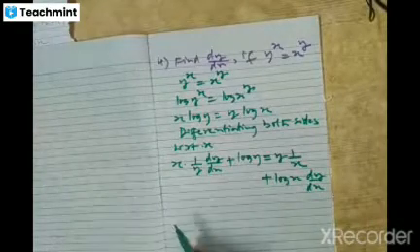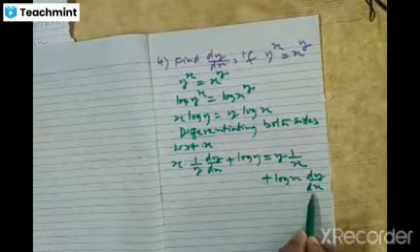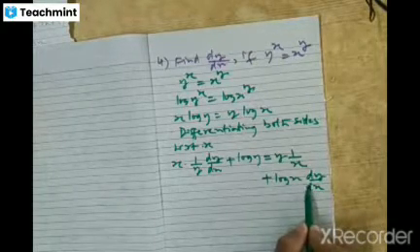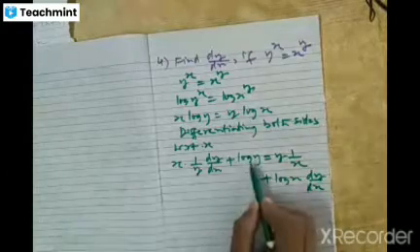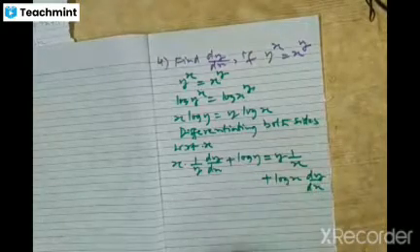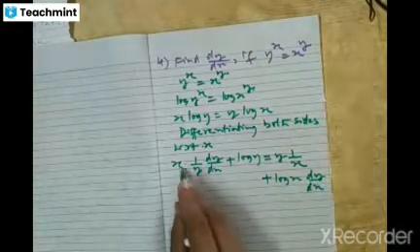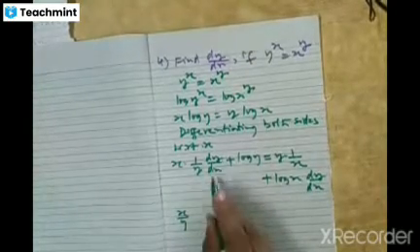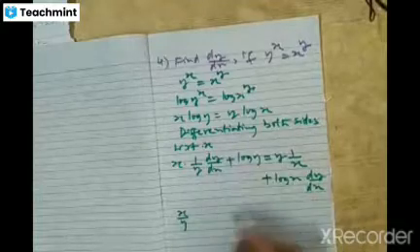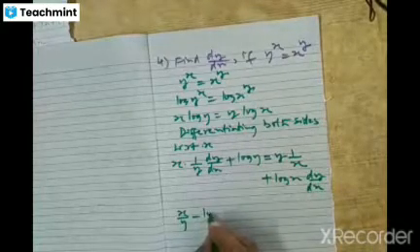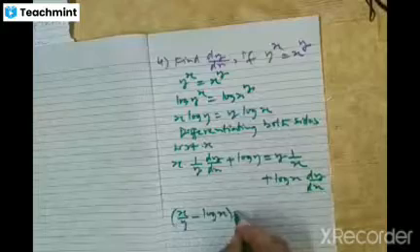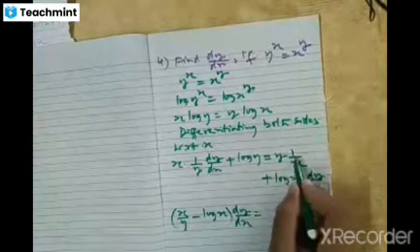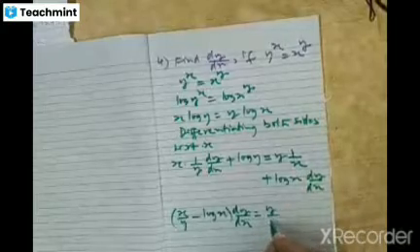Correct? Now we shall simplify this further. We shall shift the term containing dy by dx to the left side, and we shall shift log y to the right side. Then x by y into dy by dx, right? And shift this to the left side. Then it becomes minus log x into dy by dx, is equal to the right hand side. y into 1 by x is nothing but y by x.